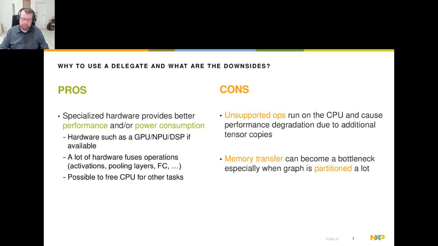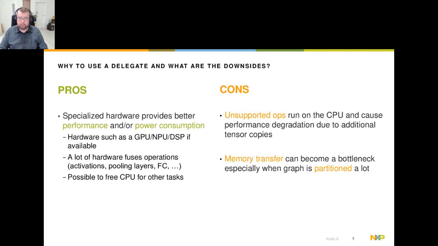When an operation is not supported, TensorFlow Lite keeps the execution on the CPU, and it does so by partitioning the graph prior to execution. Now, when your graph is partitioned a lot, there's typically a lot of memory transfers and additional tensor or memory copies required.